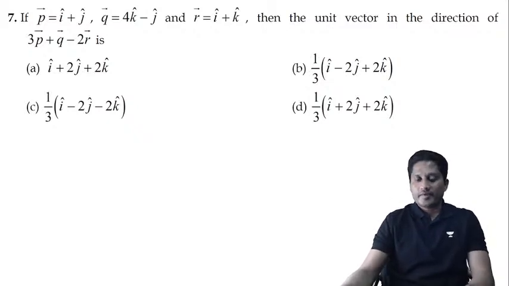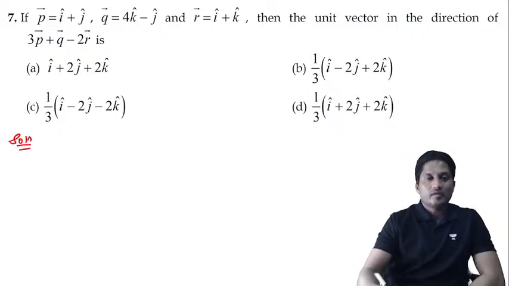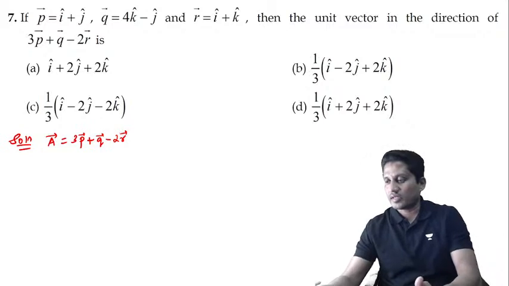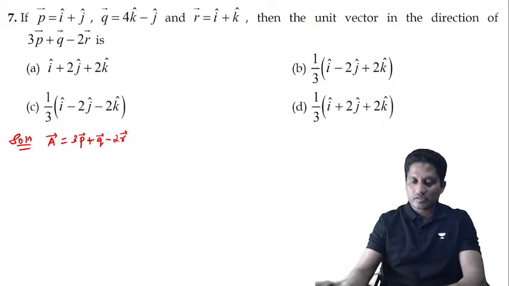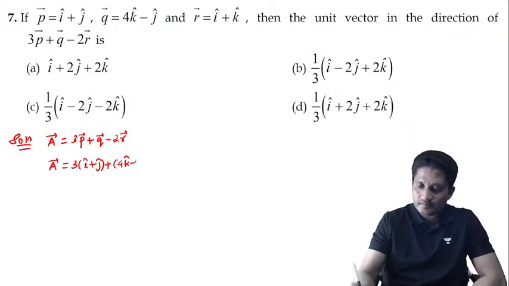I am supposed to find a unit vector in the direction of 3p plus q minus 2r. So first I'll add those vectors. Let vector a be equal to 3p plus q minus 2r. Now I'll substitute the values. 3 times p is i plus j, q is 4k minus j, and minus 2 times r is i plus k.